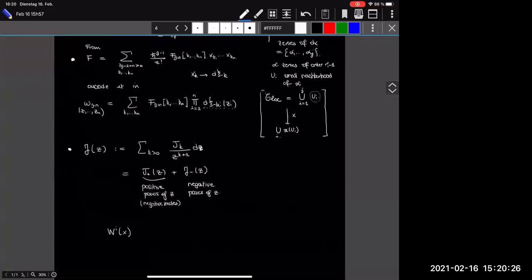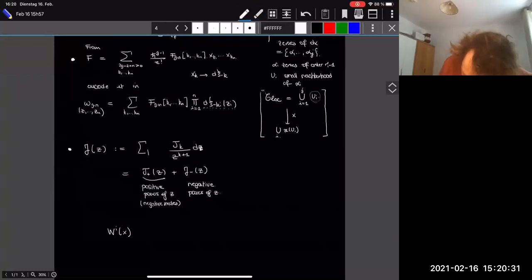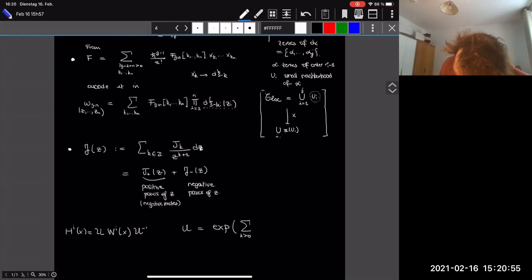Sorry, but the sum is not over only k greater than 0? Yes, it's over all integers. Thank you. Okay. So what we actually did was conjugating these ones by some operator, so let's call that U, a shift of variable. J_k, for k positive, is the differential operator, so when I exponentiate it, it corresponds to shifts.